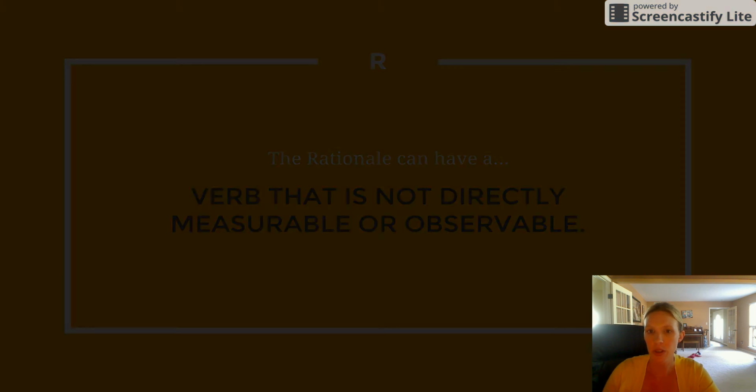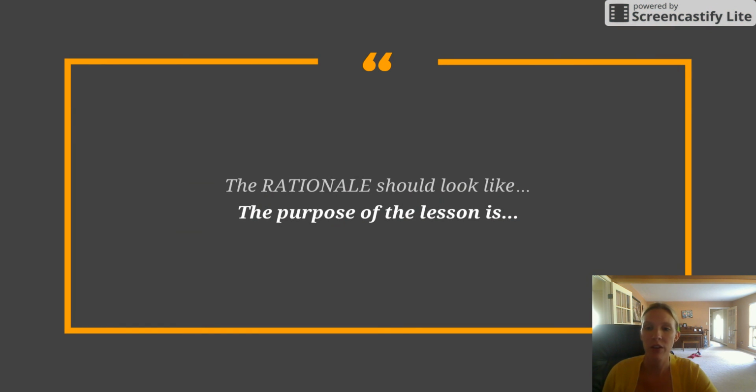I'll get to some of those verbs in a second, but here's how I'd like you to start off your rationale: the purpose of the lesson is. That's really what the rationale does. It guides you as a teacher, and anybody else reading your lesson, to focus back on, okay, what is the purpose of the lesson? All right, so they're counting from 1 to 20, but why? What's the purpose of that? That's what the rationale leads you back to, the purpose of the lesson.